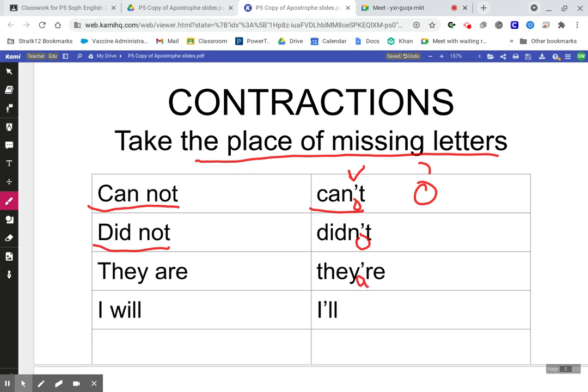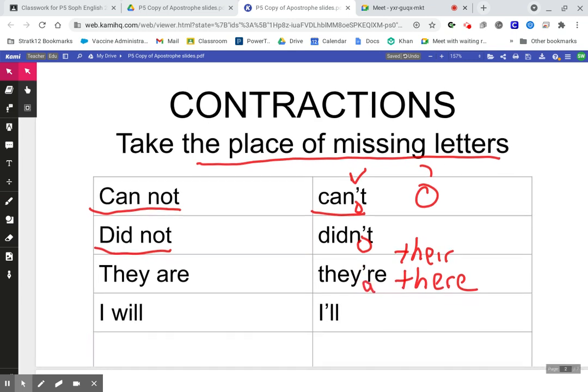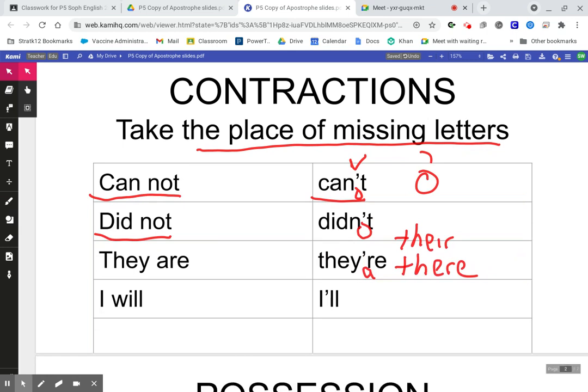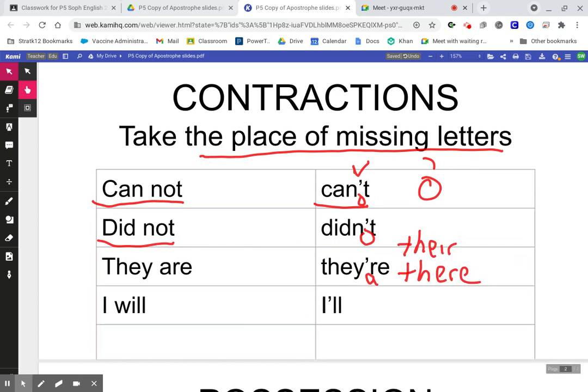But if you notice, they're, spelled with an apostrophe, stands for they are, because there's a missing A. But it also sounds exactly like another word, their, and another word, there. But those don't have any missing letters. Okay? They are is missing this A here, and their and there, spelled differently, aren't missing any letters.